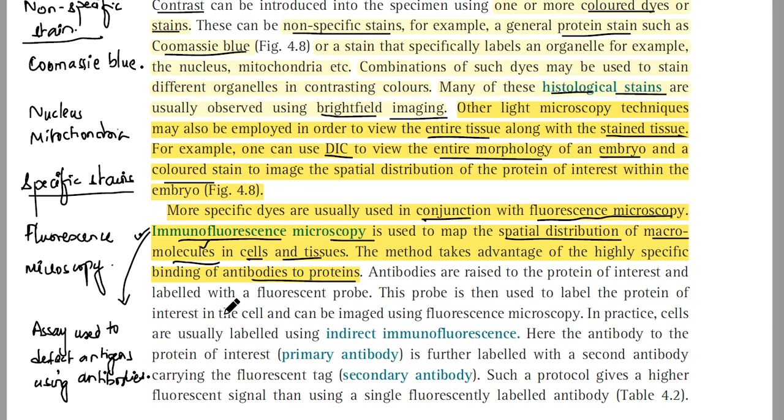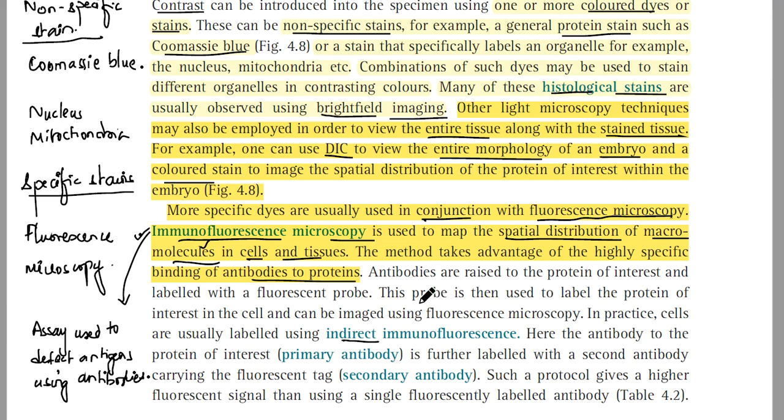That means the antibodies here are labeled with the fluorescent dye, and if they bind with the specific antigen present, then these antibodies which have the fluorescent molecule attached will emit light. Clear? So see here, we need to talk about indirect immunofluorescence and direct fluorescence.